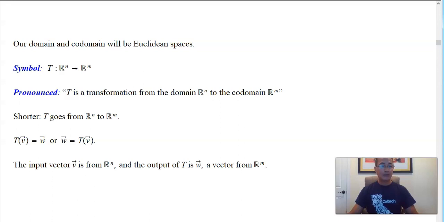So we will pronounce this as T is a transformation from the domain Rn to the codomain Rm, or a shorter way to say that is that T goes from Rn to Rm. We will write T of v is w, or backwards, w equals T of v. So the input for our transformation is the vector v from Rn, and the output of T is a vector w, this time from Rm.